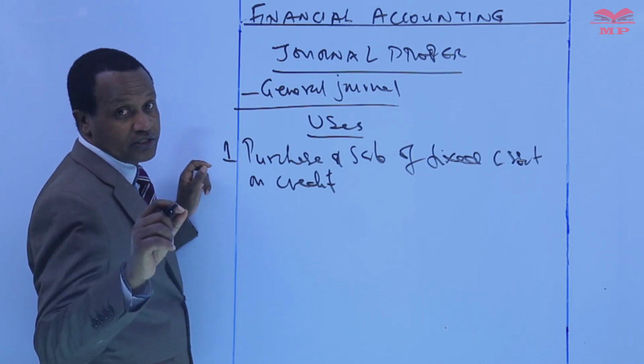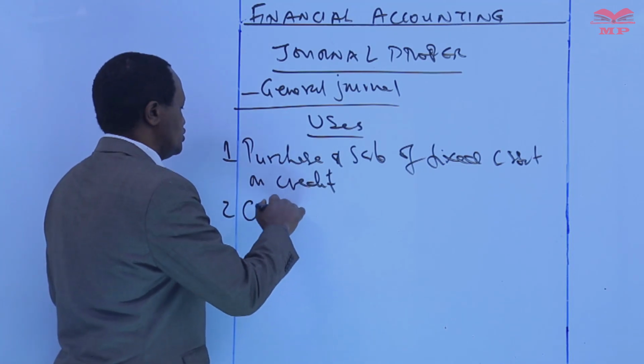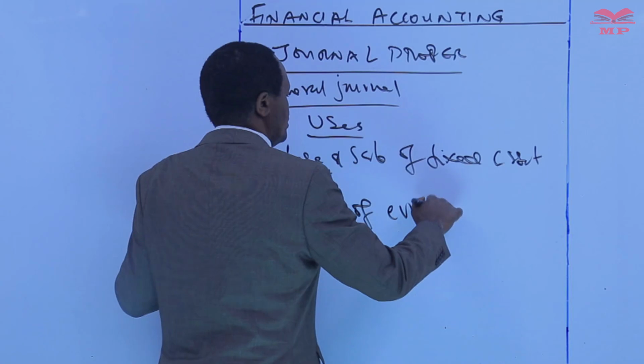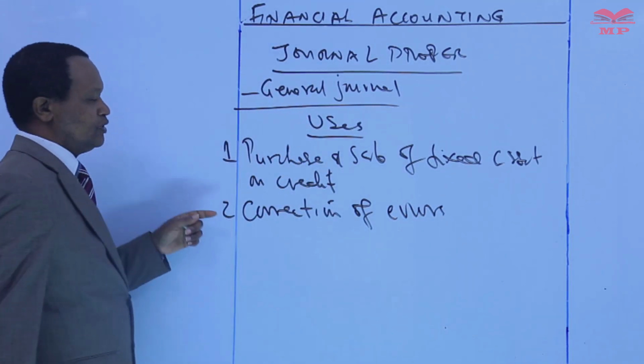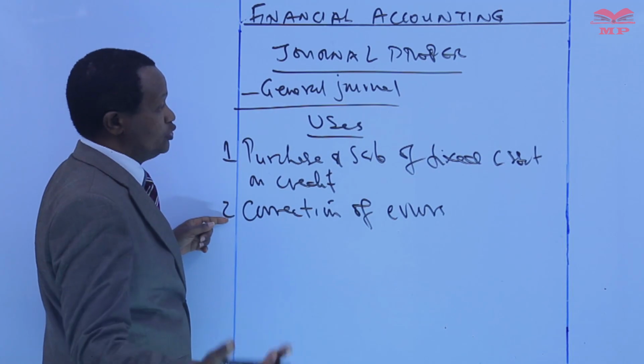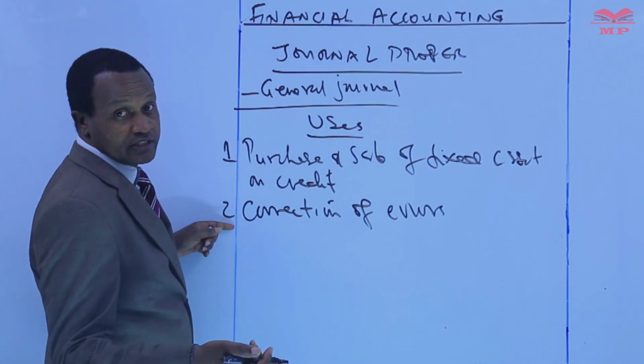You understand? The journal proper is also used to correct errors, correction of errors. And when we'll be studying the subtopic on correction of errors, we'll see how we use the journal proper in the correction of errors.